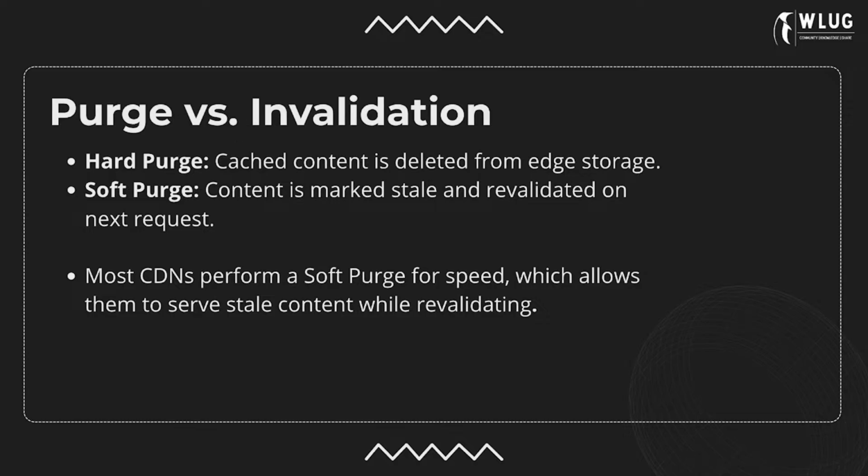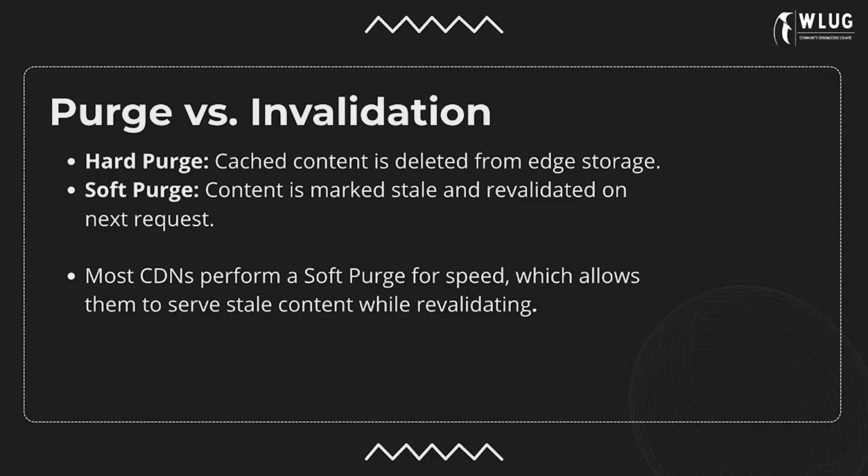And in this case, whenever the user makes a request, in the normal cases, the user would get the cache data, which is not updated. And to ensure that the user gets the proper data, we use purging.